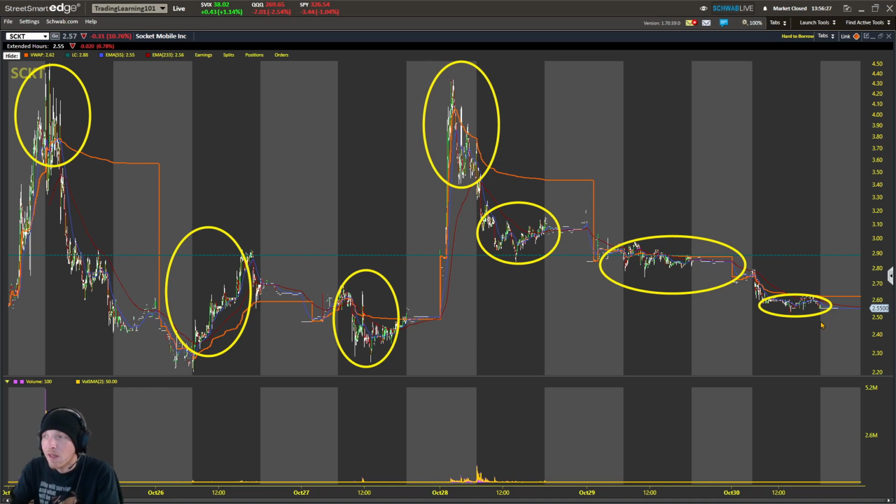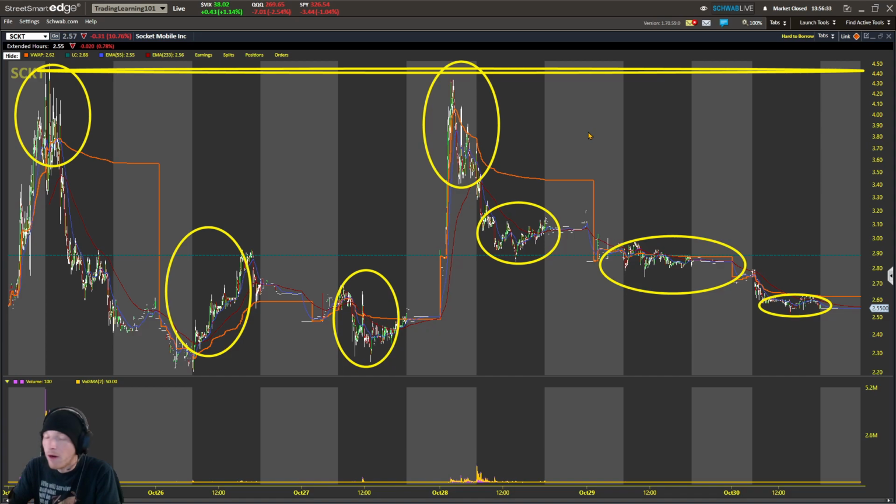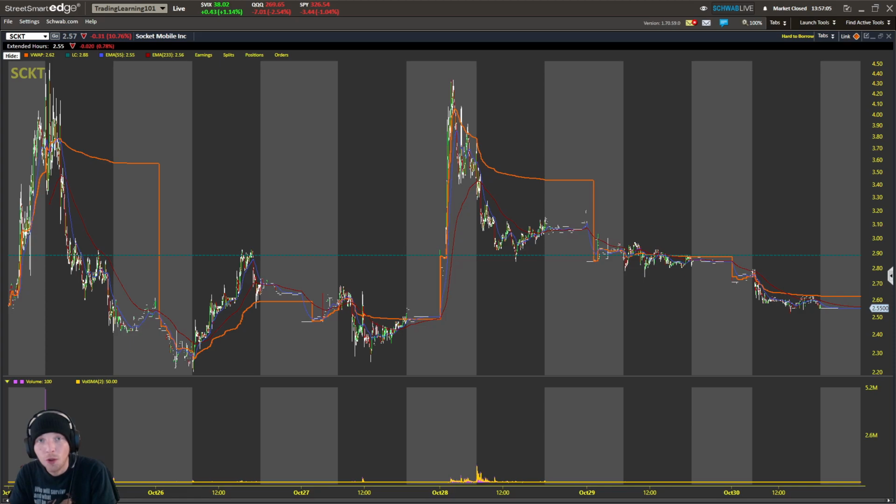So for SCKT, there's a big seller up there near 4.50. Pay attention to the details. Consider yourself a detective. You're investigating the scene, putting the pieces together piece by piece to solve the puzzle and the crime.